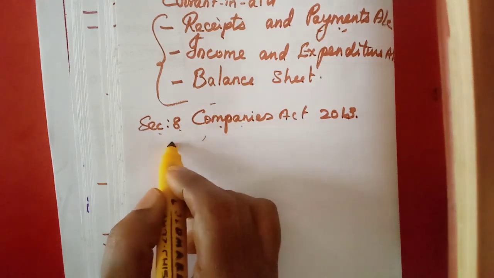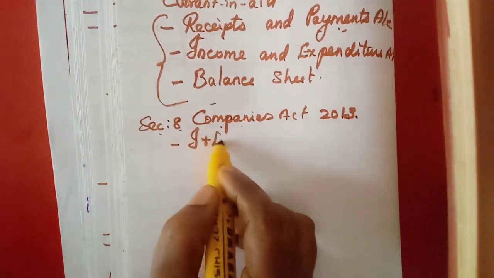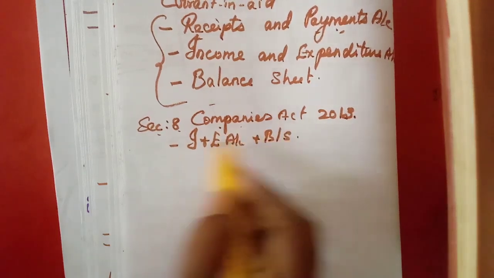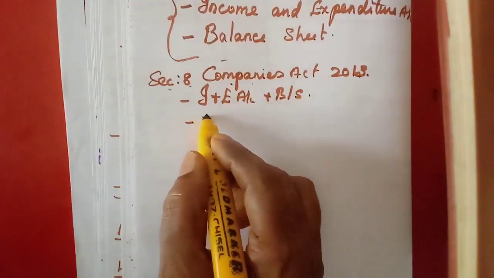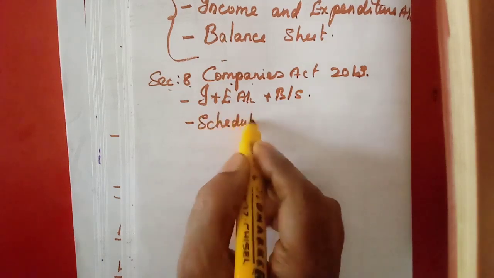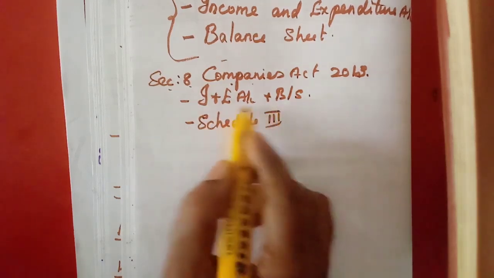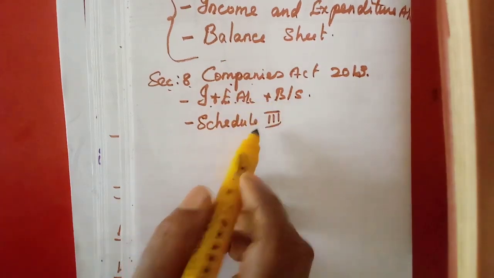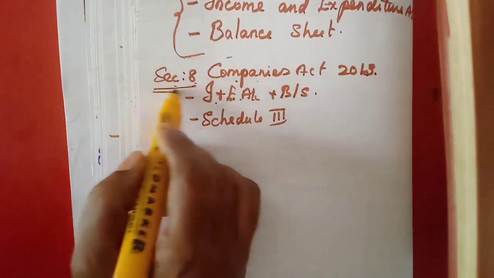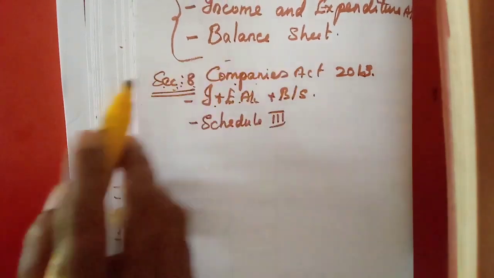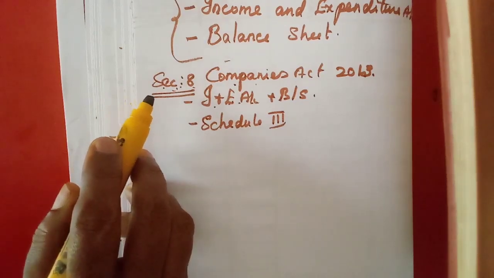They have to prepare their income and expenditure account and their balance sheet as per the provisions. In the Companies Act they have given Schedule 3. As per this Schedule 3 only, they have to prepare the income and expenditure account and the balance sheet, if the not-for-profit organizations are registered as per Section 8 of the Companies Act 2013.